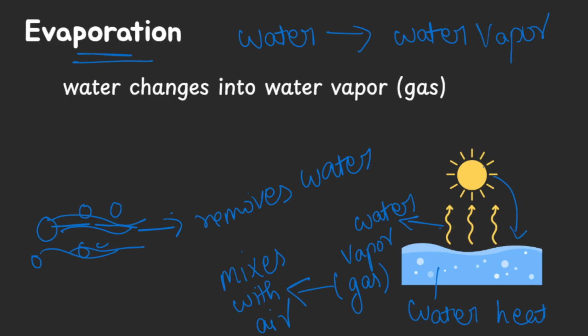Leave it for some time, and after a while the water will be gone. Where does it go? It goes as water vapor which mixes into the air. This is how evaporation happens.